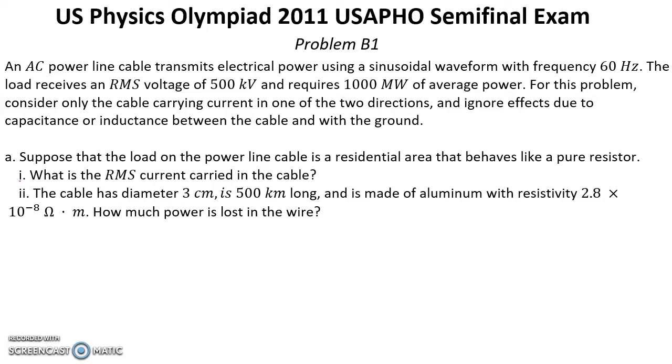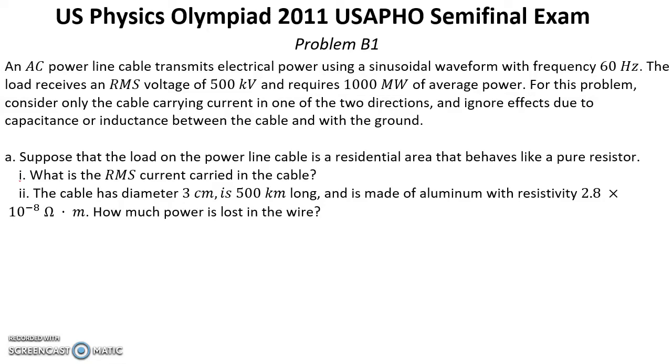What is the RMS current carried in the cable? 2. The cable has a diameter of 3 centimeters, is 500 kilometers long, and is made of aluminum with a resistivity of 2.8 times 10 to the power negative 8 ohm meter. How much power is lost in the wire?